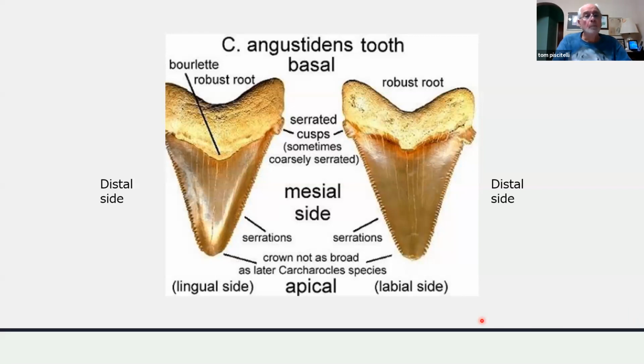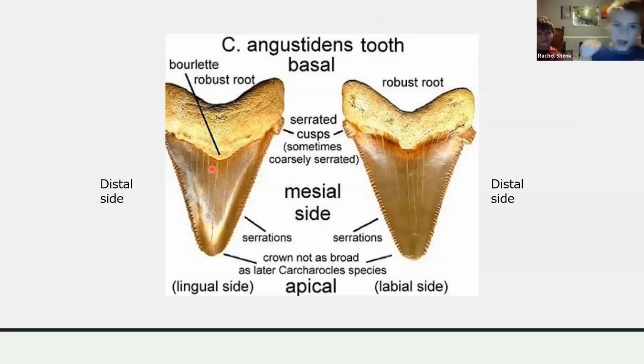If you would put this pointer on that, please. The bourlette is seen only on the lingual side of the tooth. It's a distinctive band which occurs between the root and the enamel of the crown of the tooth. The genus name for this tooth is shown as a capital C.